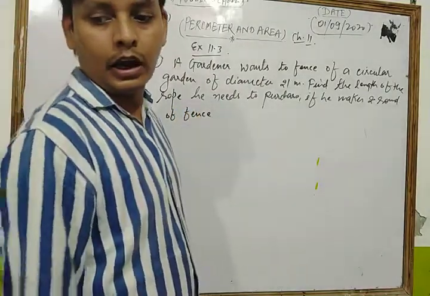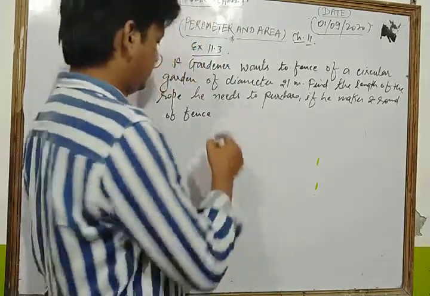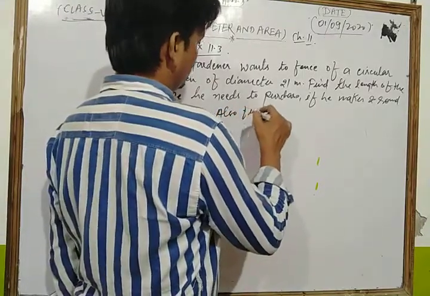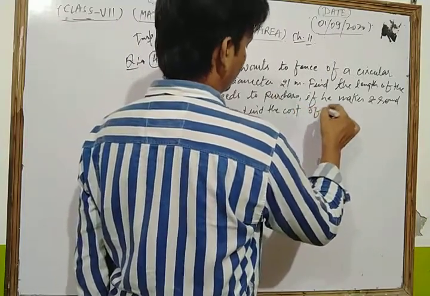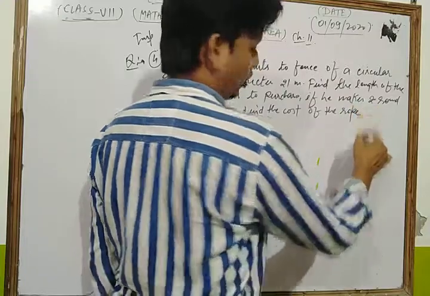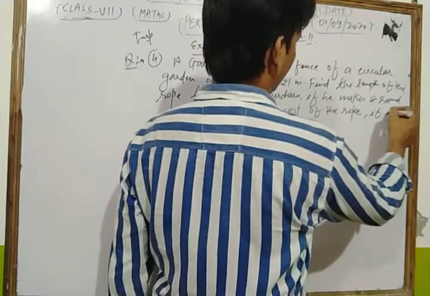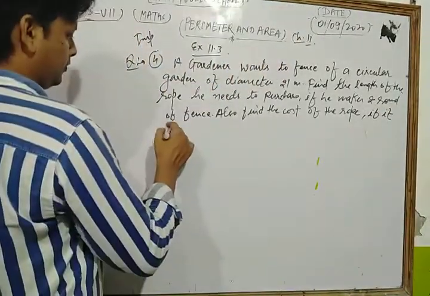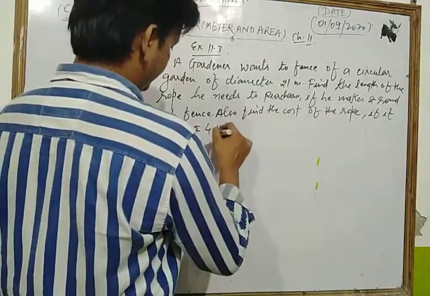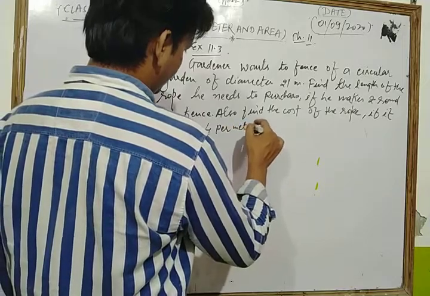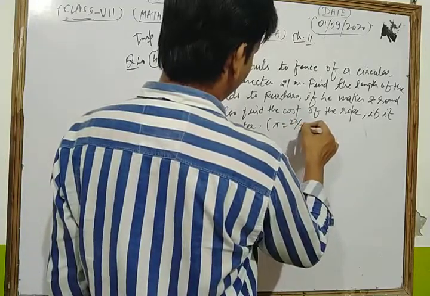Also find the cost of the rope if it costs rupees 4 per meter. We take the value of pi as 22/7.